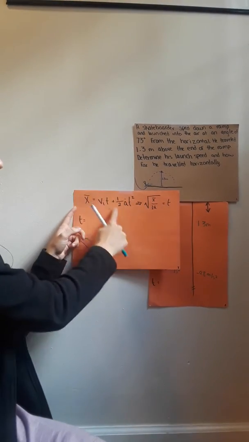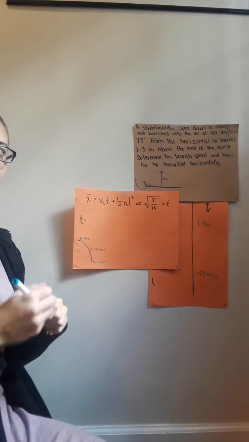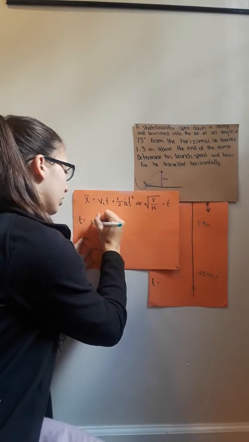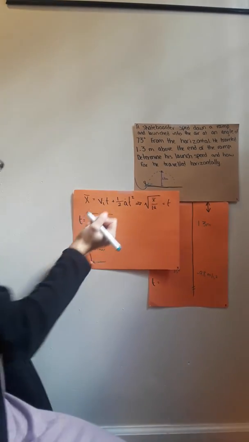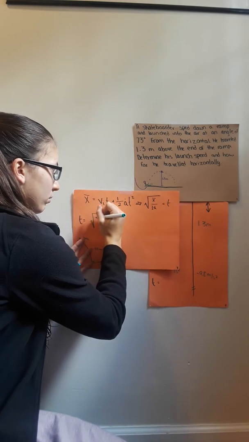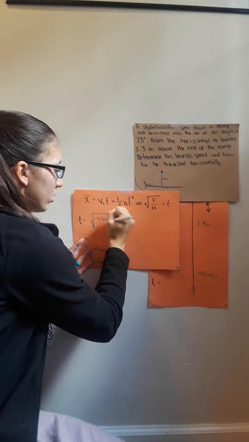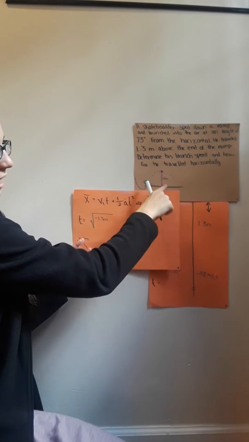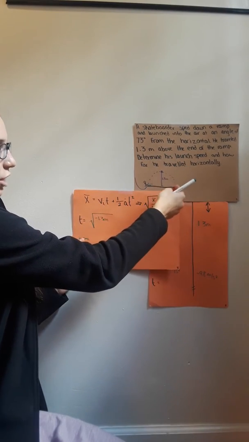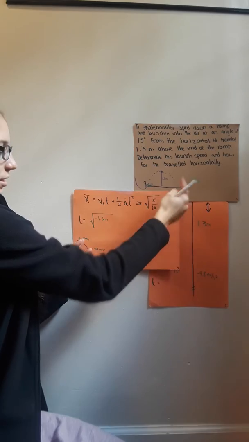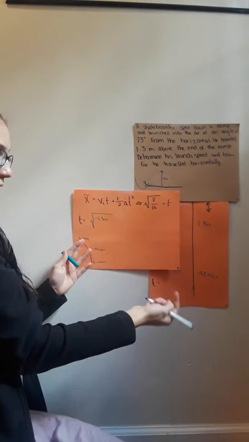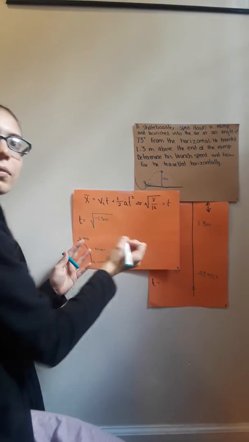This cancels out because velocity initial is 0. And let's use that equation. So t equals the square root of negative 1.3 meters. Our displacement is negative because we're only looking at the second half of the trip. This is his start, this is his final. He traveled downwards 1.3 meters.